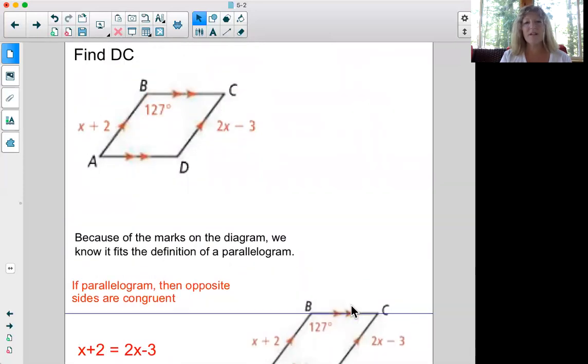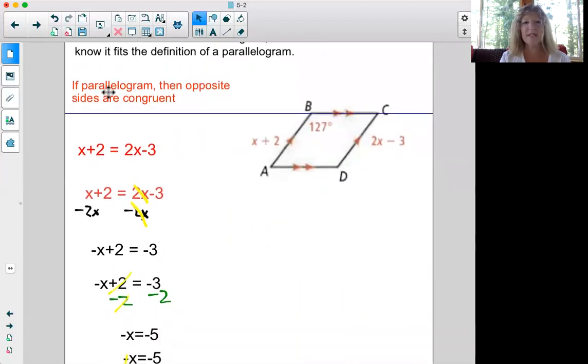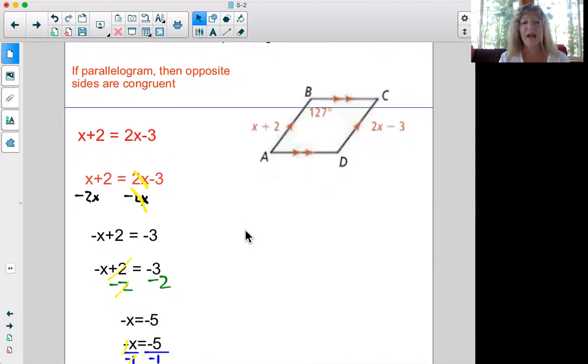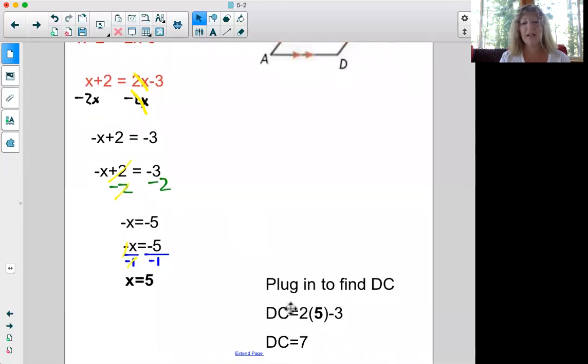Because of the marks on the diagram, we see we have a parallelogram, and therefore we can use our theorem about parallelograms that states if it's a parallelogram, then opposite sides are congruent. So we can set these two algebraic expressions for those lengths equal to each other, and we can solve for x. Once we have x, we can plug it in to get our measurement for DC.